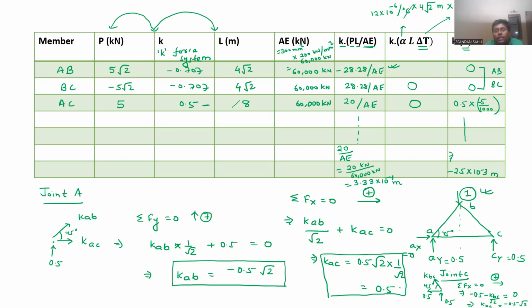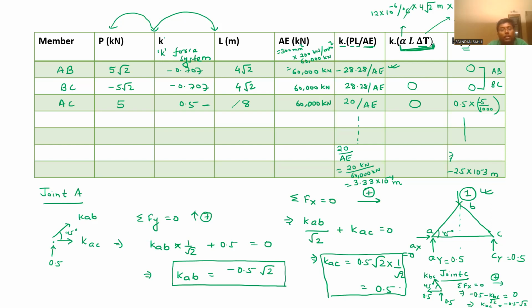So degree Celsius will cancel out each other. So we are getting 12 into 10 power minus 6 into 4√2 into 40. So this is coming out to be 2.715 into 10 power minus 3 meter for this bracketed part only, alpha L delta T. That is the strain component for the temperature range.